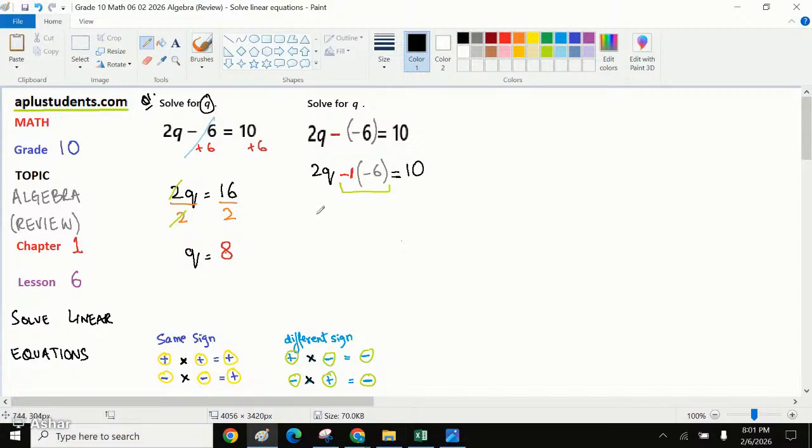So can we write this as 2q plus 6 equals 10. And if we need to move 6 to the other side, we subtract 6 on either side. When we subtract 6, we are left with 2q equals 4.